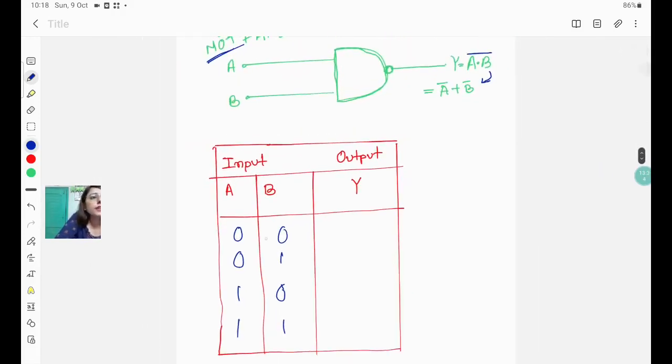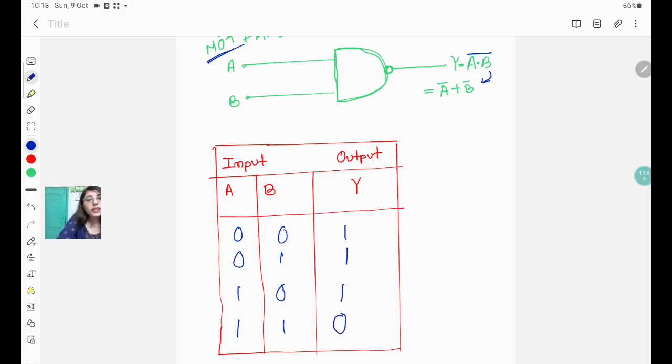So if both of them are 0, that is 0 dot 0 will be 0 and that bar will be 1. Okay, the next scenario 0 dot 1 will be 0, that bar will be 1. The third one 1 dot 0 will be 0 and that bar will be 1, and the final one 1 dot 1 will be 1 and that bar will be 0.